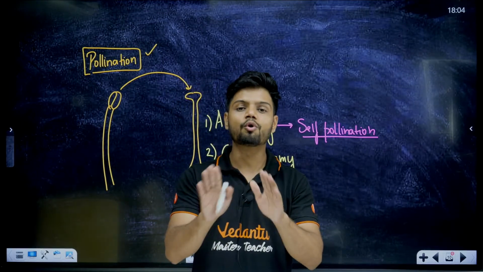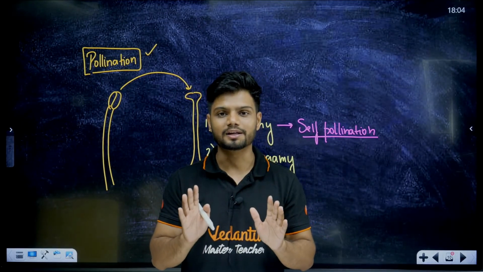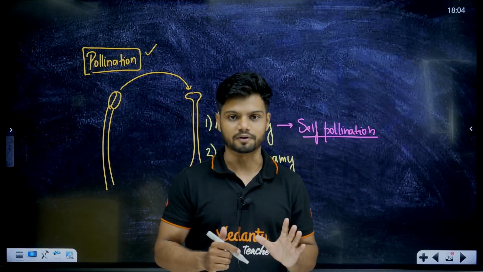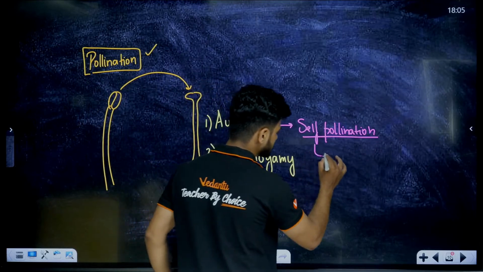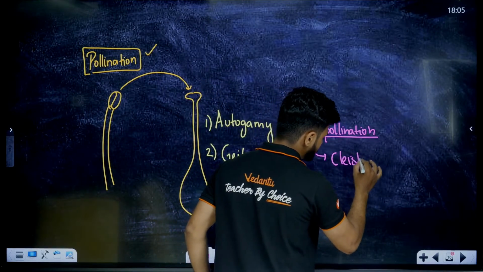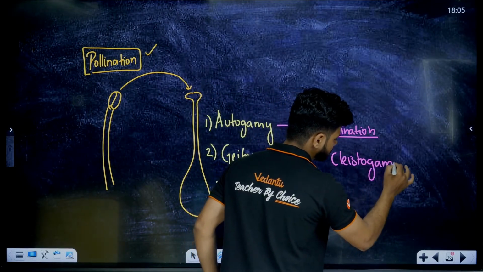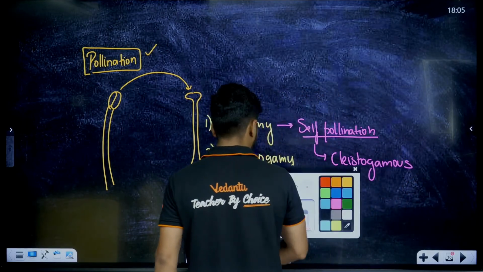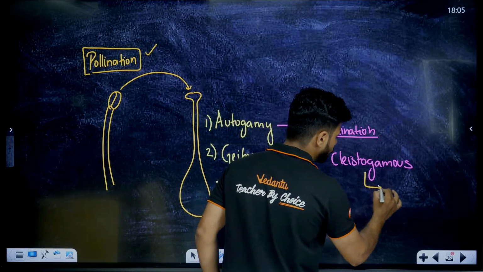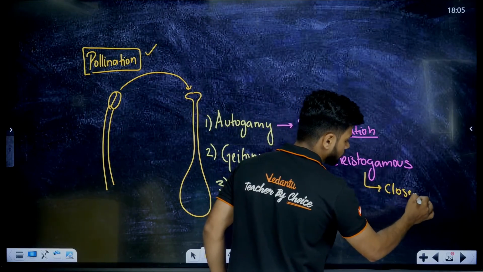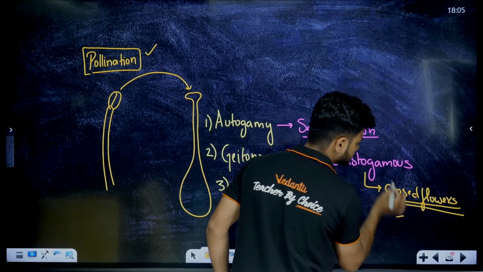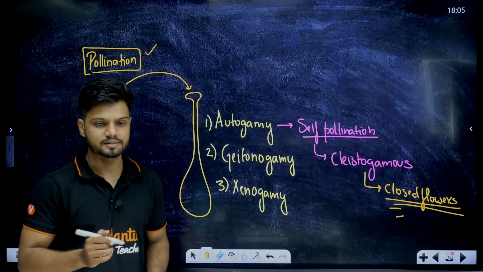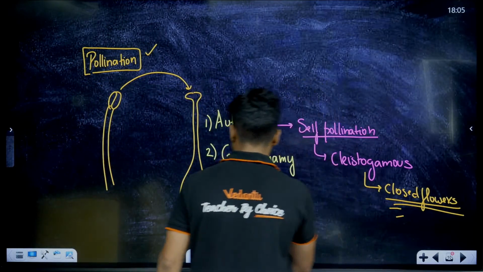So there is no chance of cross pollination in the case of cleistogamous flowers. Cleistogamous flowers are also called closed flowers. Clear? I believe this is easy to understand.